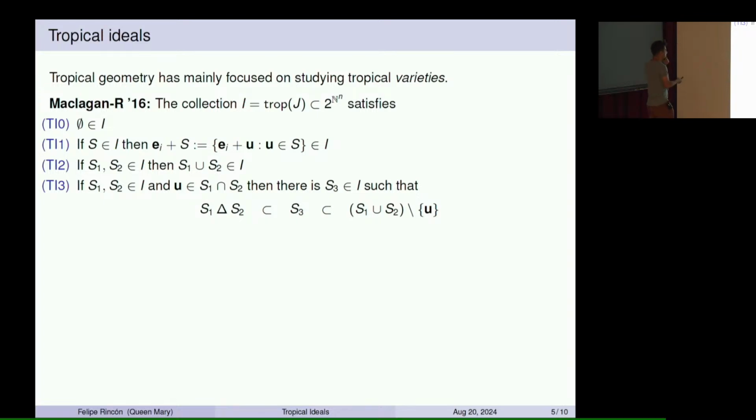And if you think about it, it's because if you have two polynomials in your ideal, and let's say the two polynomials share a common monomial, there's one lattice point that appears in both, then there should be some way of eliminating that monomial by taking a combination of the two.